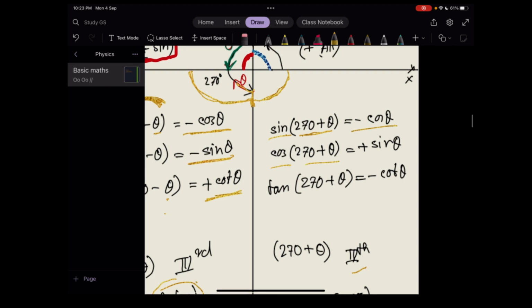Cos 270 plus theta is plus sine theta, because in the fourth quadrant cos must be positive. Tan 270 plus theta must be negative, so minus cot theta.